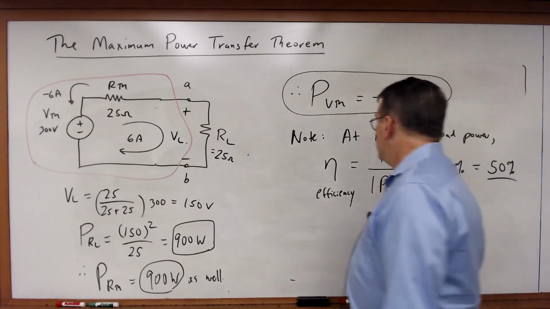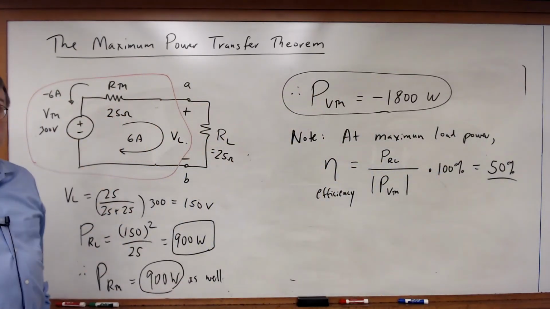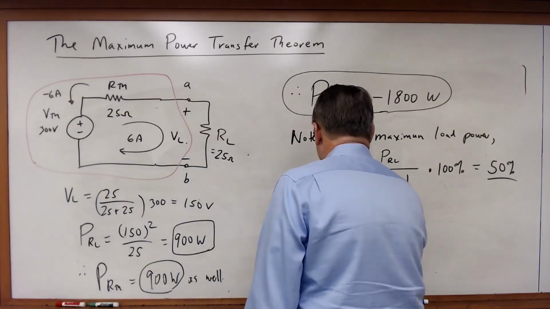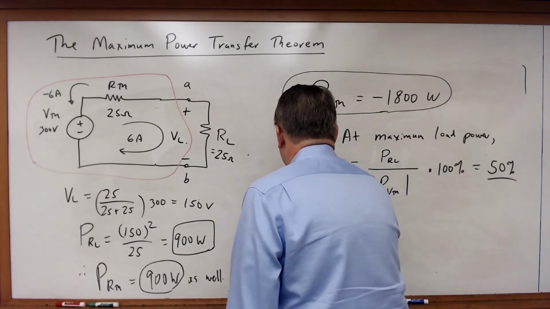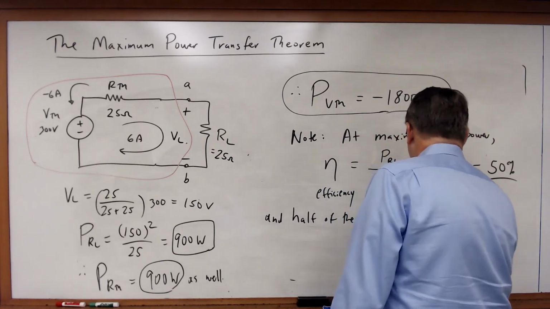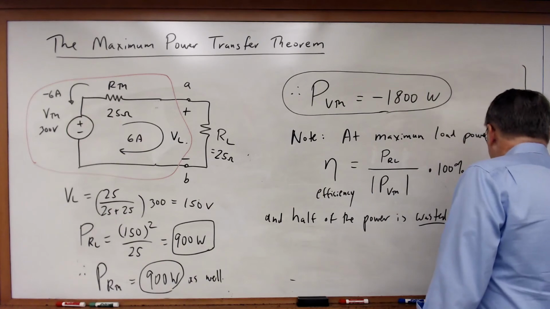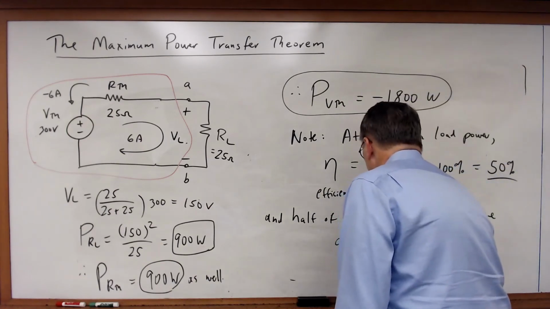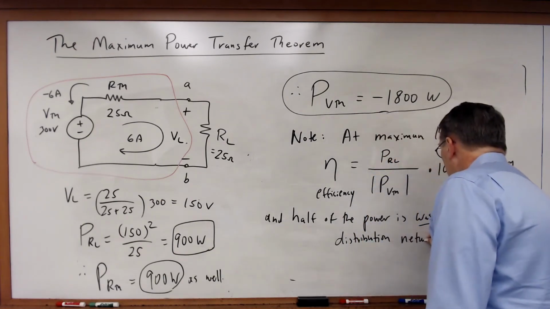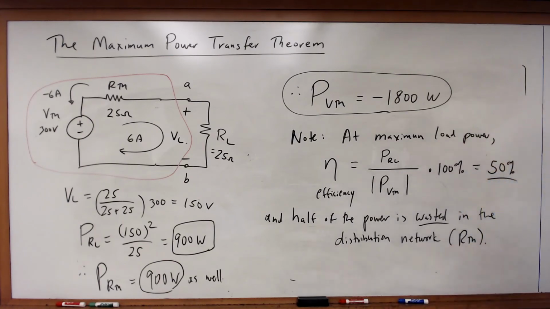In other words, at maximum load power, half of the power is wasted in the distribution network, which of course is represented by the Thevenin equivalent resistance.